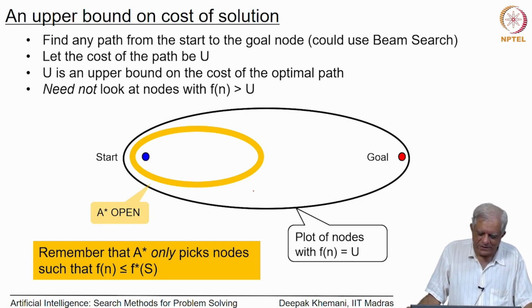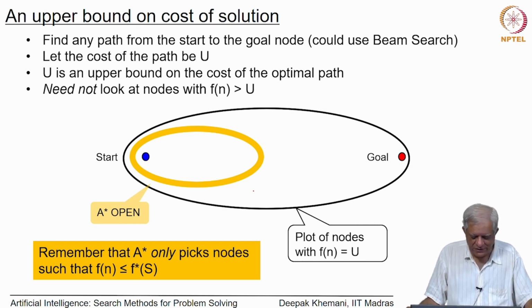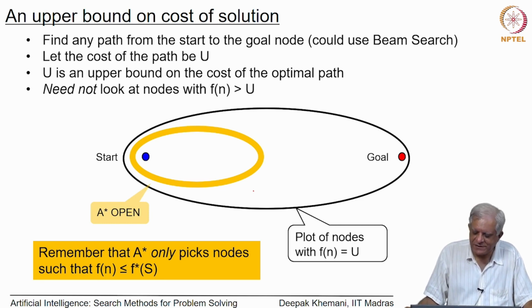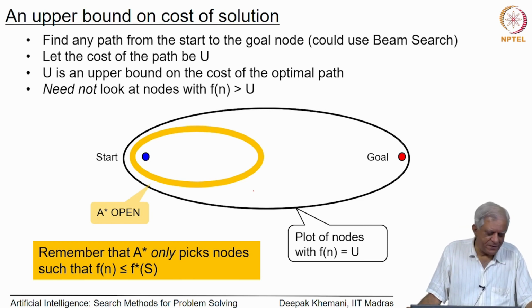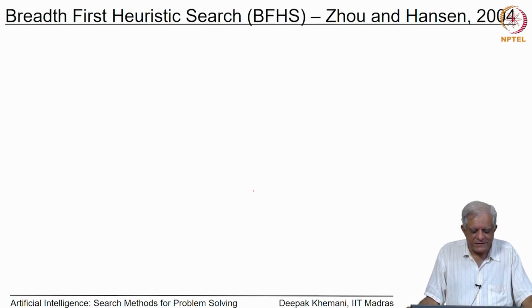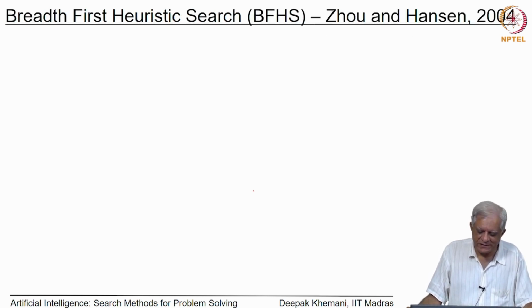So, the open list of A star would typically be somewhere within this boundary that we are talking about, but as some researchers, in fact Zhou and Hansen themselves, found, it can empirically be still formidable, and they came up with an algorithm which they called breadth first heuristic search.